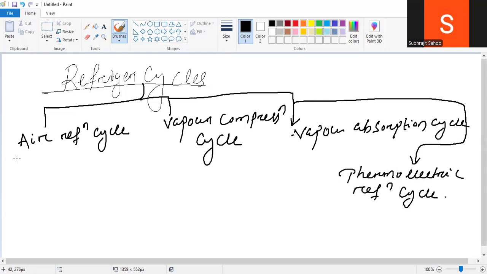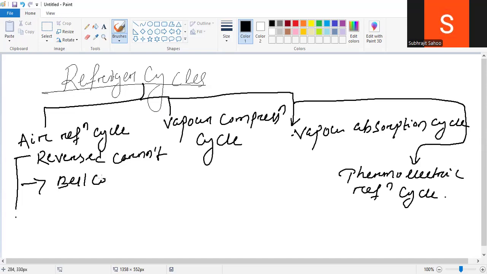Under the air refrigeration cycle, what are we going to study here? Reversed Carnot cycle. And one more is the Bell-Coleman cycle, and several aircraft refrigeration cycles.